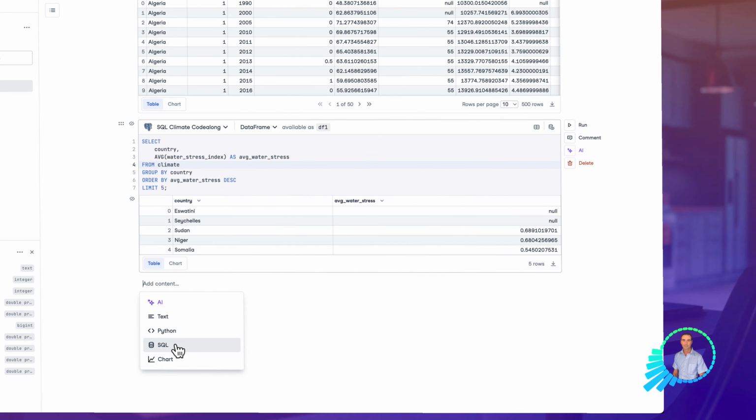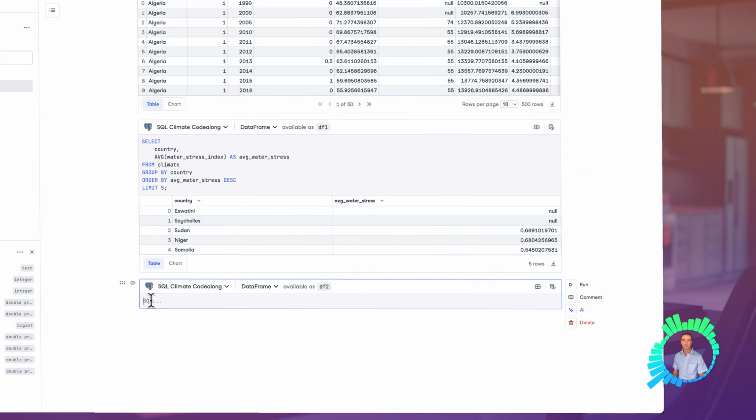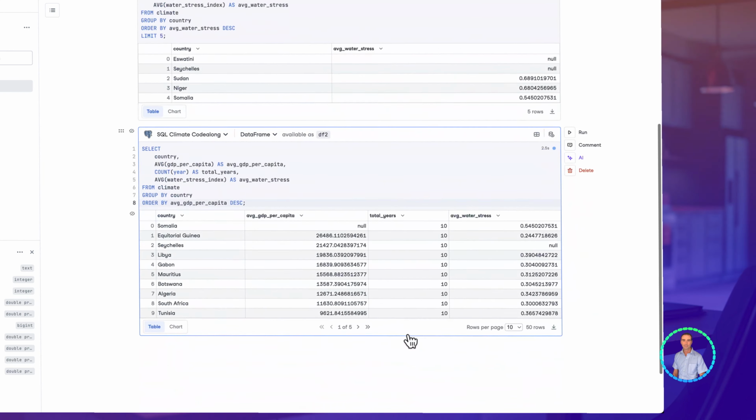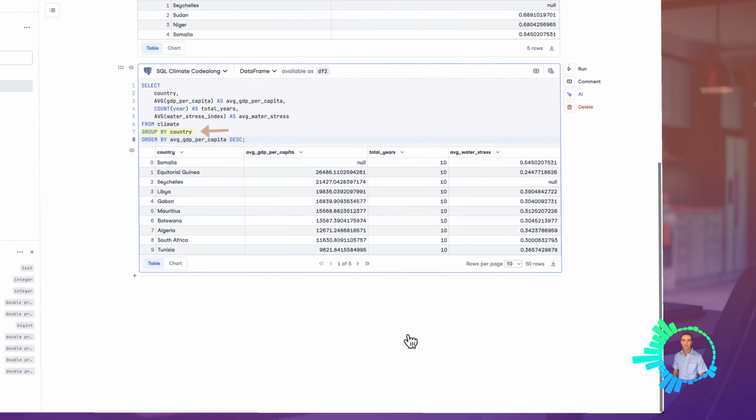This second example calculates each country's average GDP per capita, recorded years, and the average water stress index. We divide the data into groups in the query based on the unique values in the country column. We apply several aggregate functions: the average, AVG, for the GDP per capita and water stress index columns, and the count for the year column.